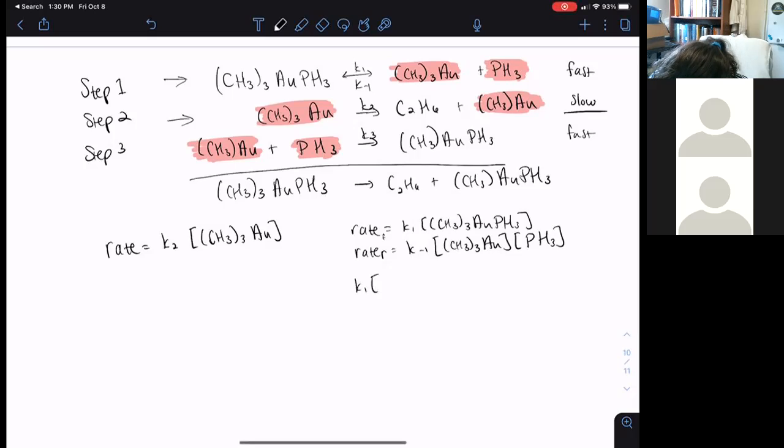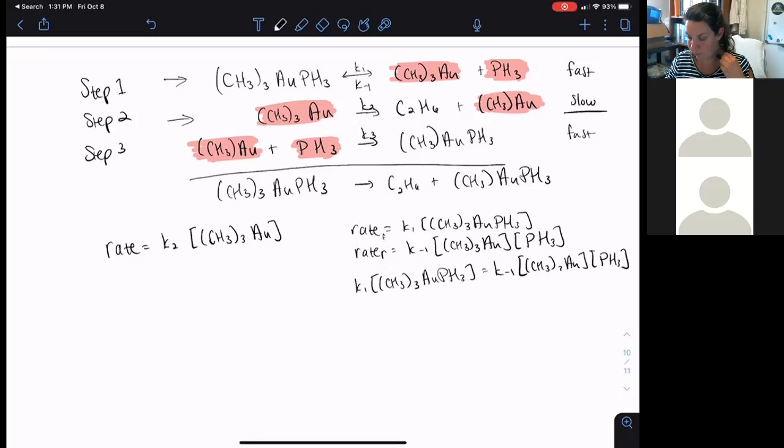k1 (CH3)3Au PH3 is equal to k minus 1 (CH3)3Au and then our PH3. And then we solve for this species right here.